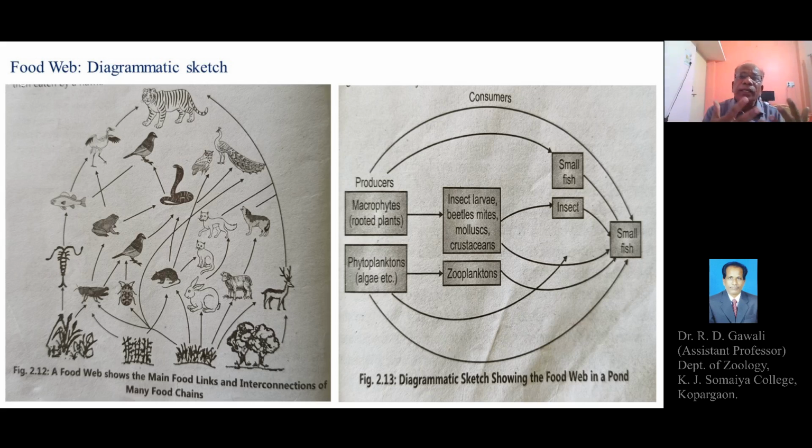The diagram indicates the interconnection of several food chains and different feeding levels, or trophic levels, and how they serve as food for one or more organisms of a higher trophic level, thus forming a complex network, or complex interlocking pattern, of food chains.